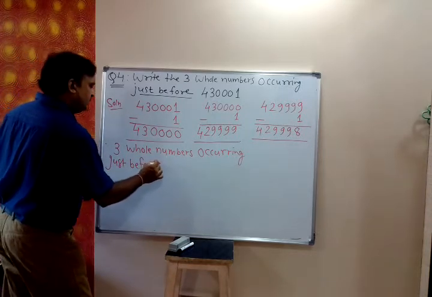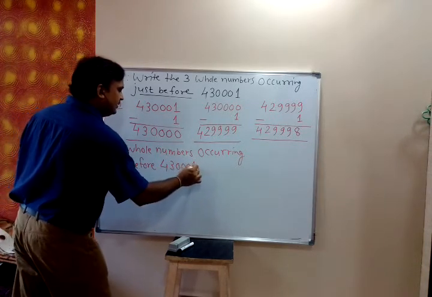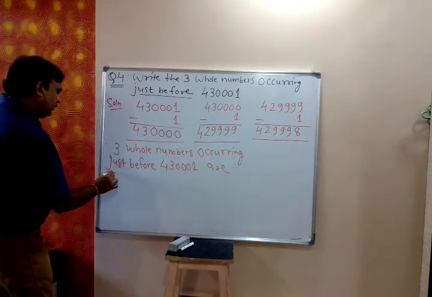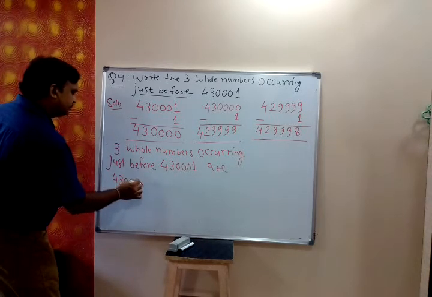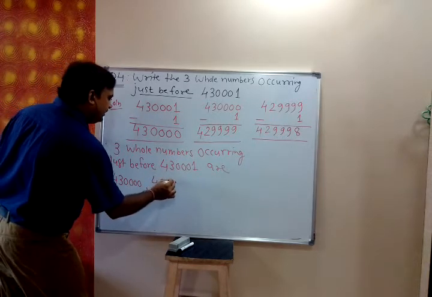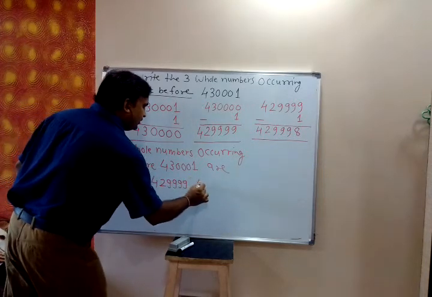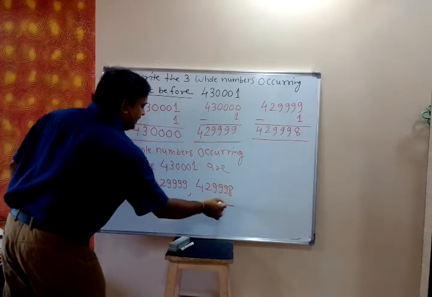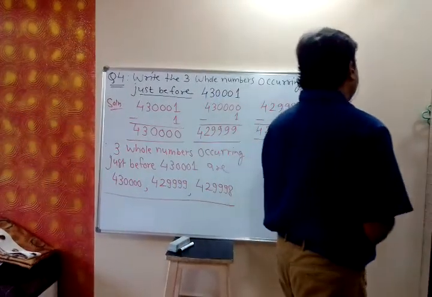Just before 4,30,001 are 4,30,000, 4,29,999, and then 4,29,998. These three are the whole numbers occurring just before this number.